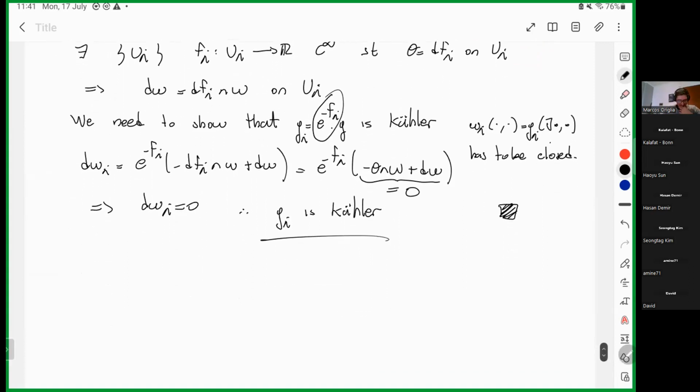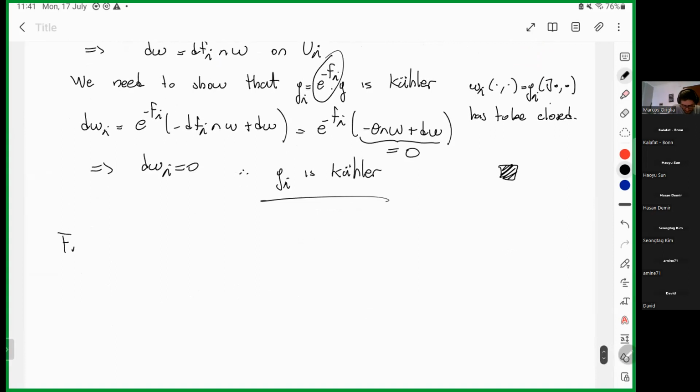Okay, so from now on, ω will be LCK, so locally conformally Kähler, ω or the metric or the Hermitian structure.